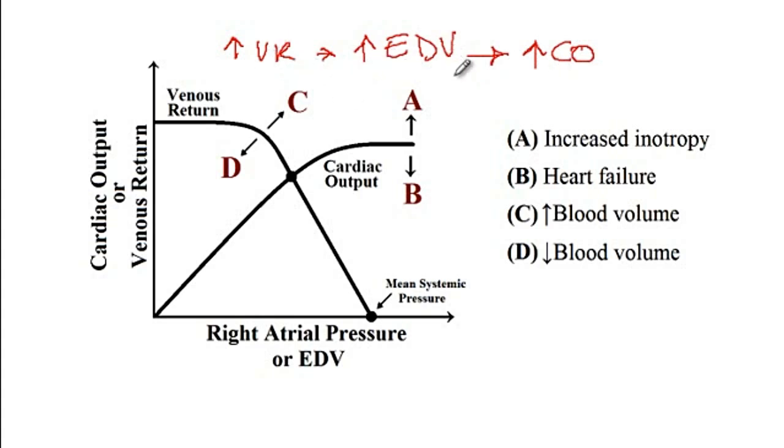So that is the link. The end diastolic volume is the link between the venous return and the cardiac output. On the other hand, if we decrease the venous return, then there would be decreased end diastolic volume, and thus decreased cardiac output.